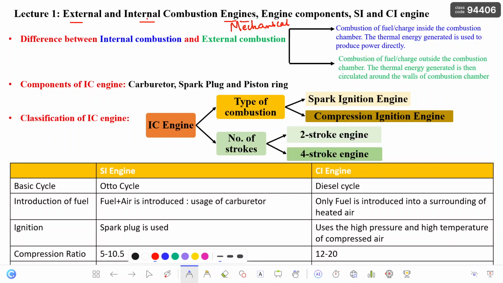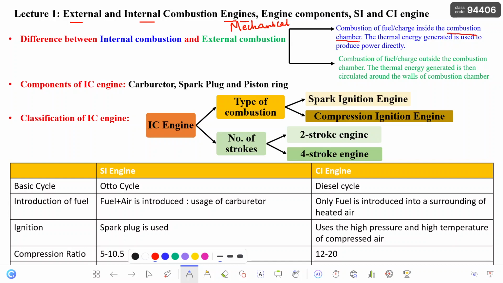That is how it is done in an external engine. We ignite the fuel, and the thermal energy generated is transferred through a heat transfer fluid, which runs around the walls of the combustion chamber.